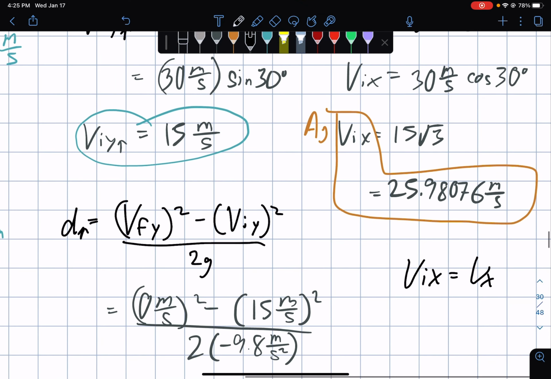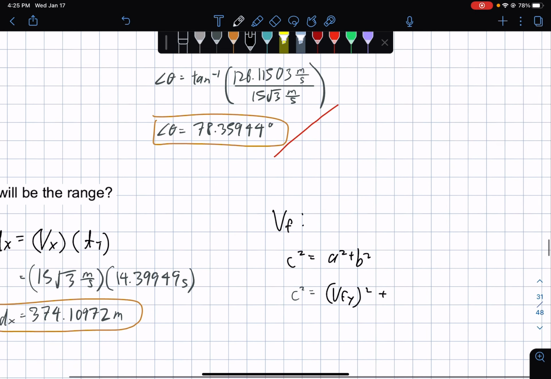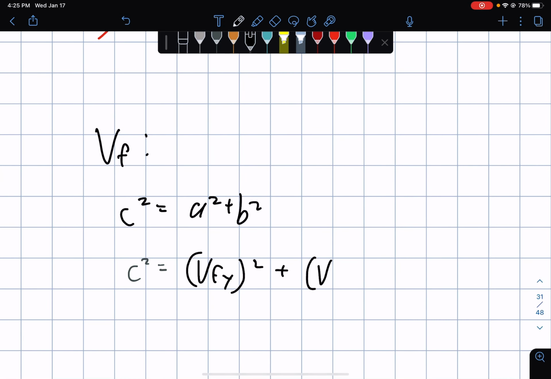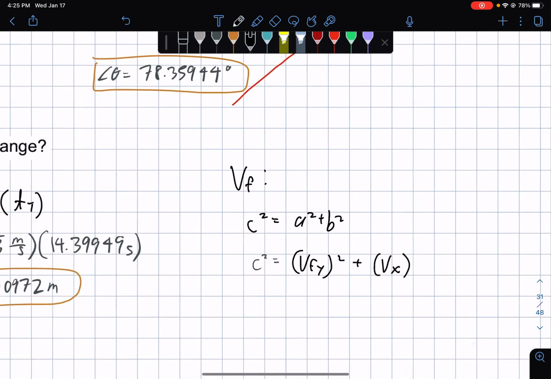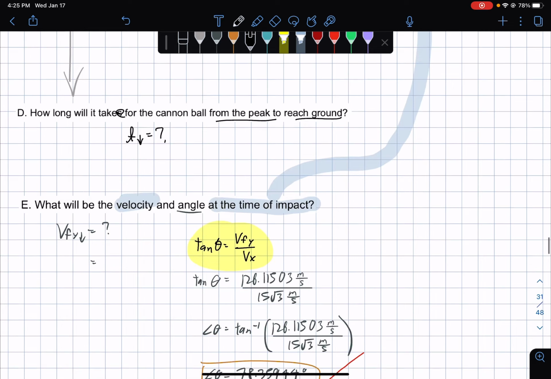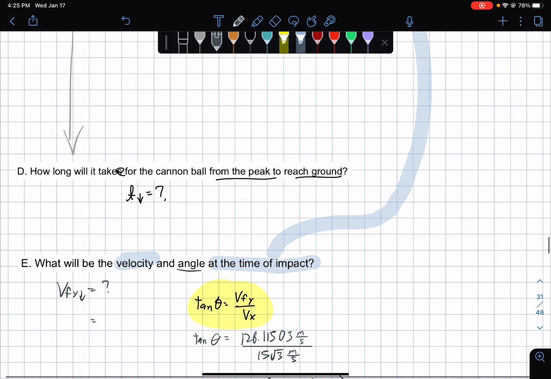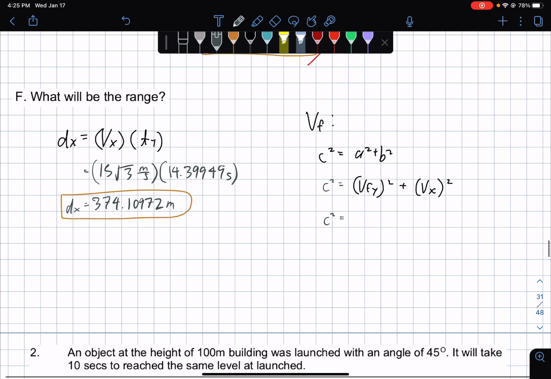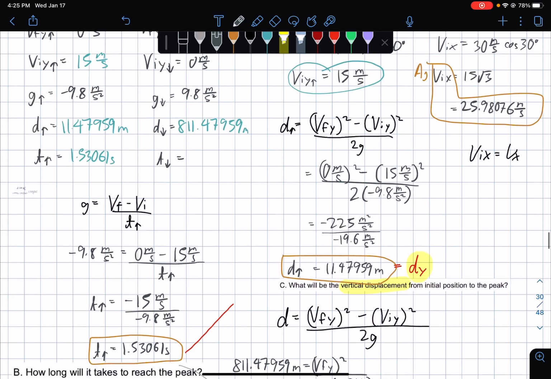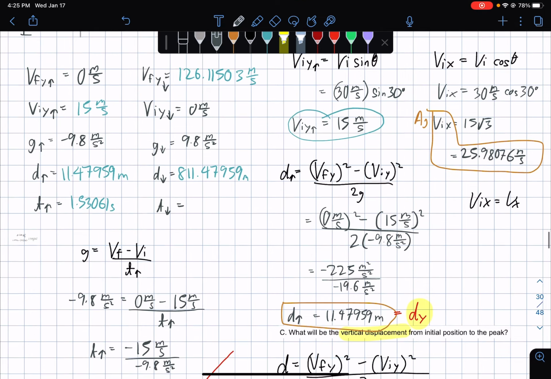VIX, 25.98076. What is V of X? Again, 25.98076.